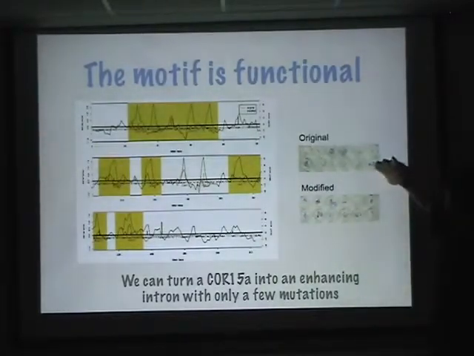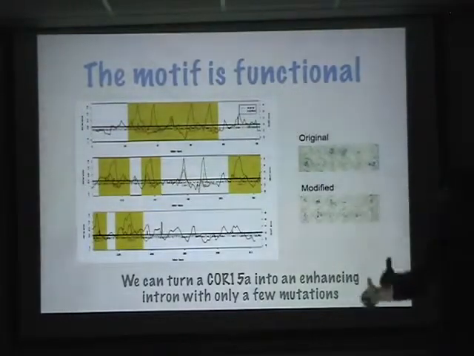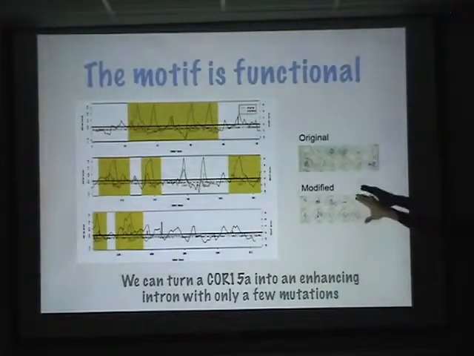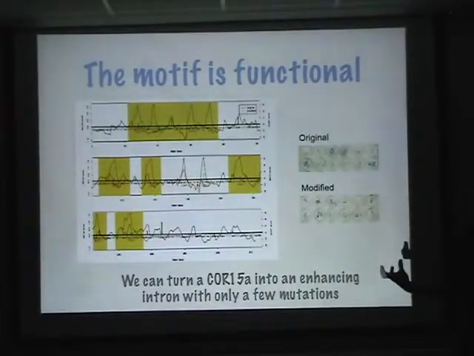So here's the original sequence. Here it is modified. We've turned this thing that was not really enhancing expression at all into something that's very powerful. And in fact, Alan has done this and embedded even more of these in here, and has now made an intron that is probably the most powerful enhancing intron that is known in any organism.